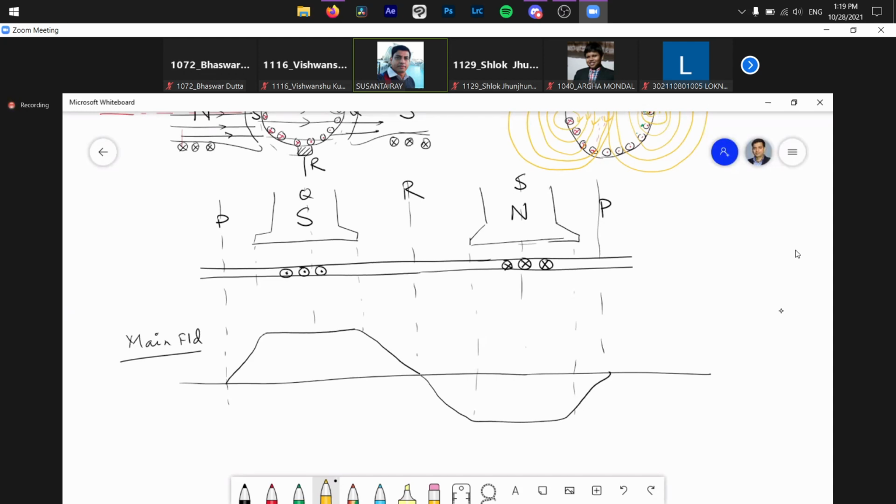Okay, got my point? Suppose I consider these two. There will be several conductors, I am not considering all. I am considering only this dot and this cross. Due to these two conductors, the MMF that will be generated will be this.